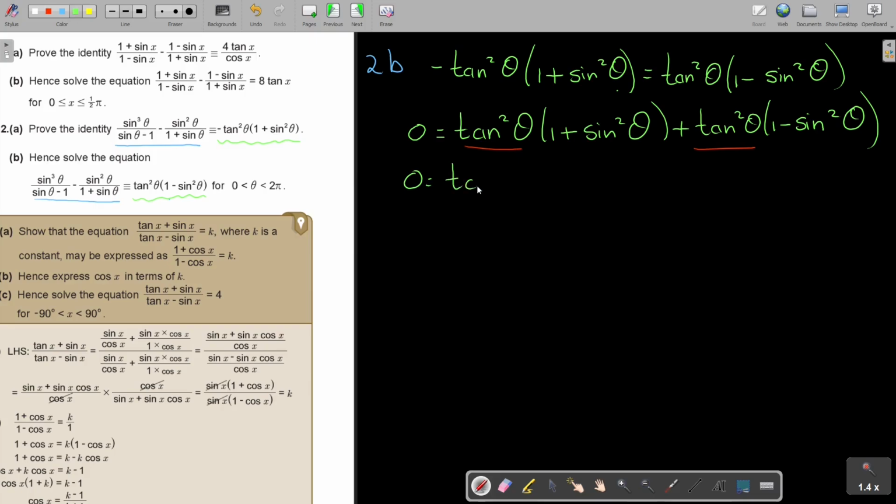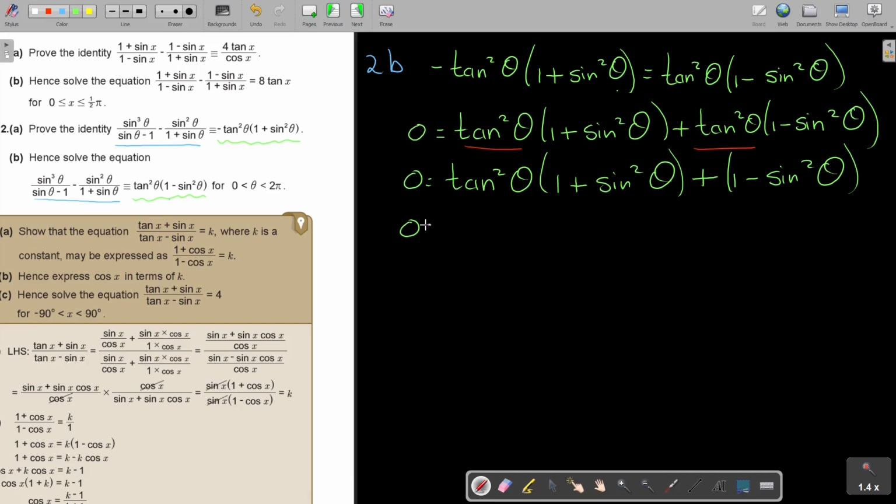So it's going to be tan squared theta (1 plus sin squared theta), and then plus, and you can put it in bracket, but it's not going to have an influence due to the plus, so 1 minus sin squared theta.